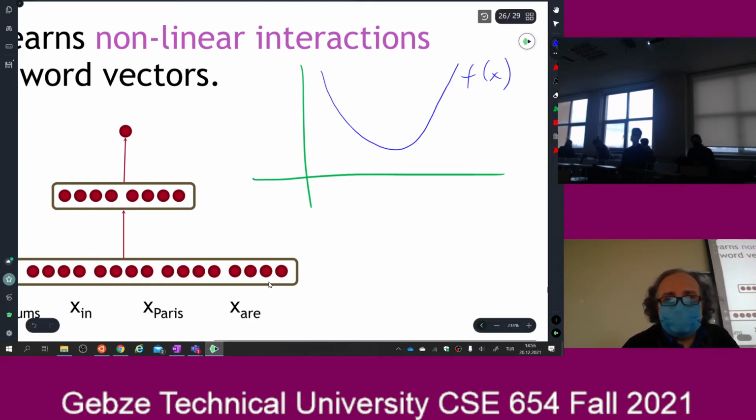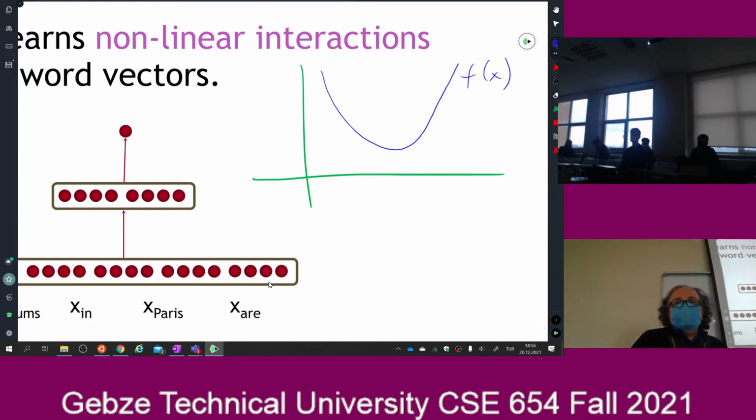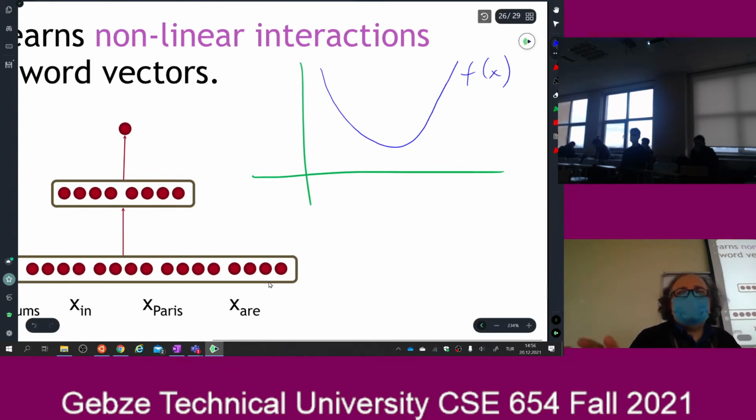Usually, I take the derivative of it, set it equal to 0 and solve it. This function is a very simple function, so I can do that.